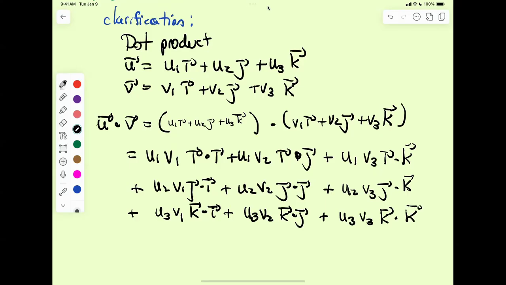Right, that's the most general way: if you use the fact that the dot product is distributive, then you can find the dot product between two vectors.